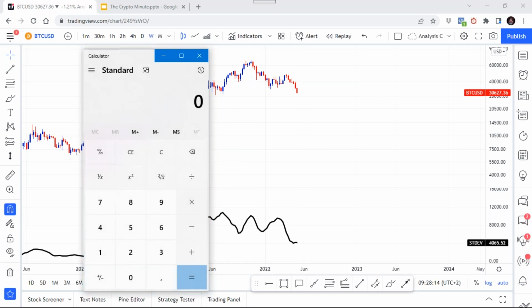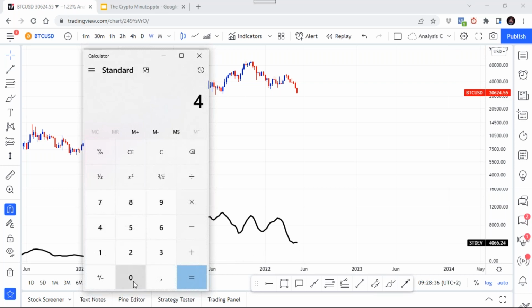All right, here we go. So you can see, this is a weekly chart. We're looking at the 20-week standard deviation here. One standard deviation is around about $4,000. And this is the value of the Bitcoin.